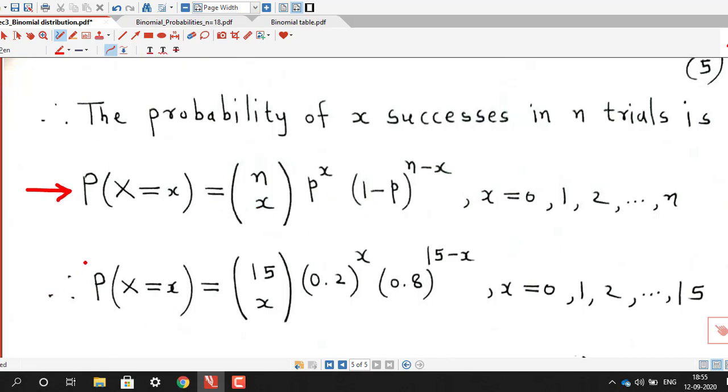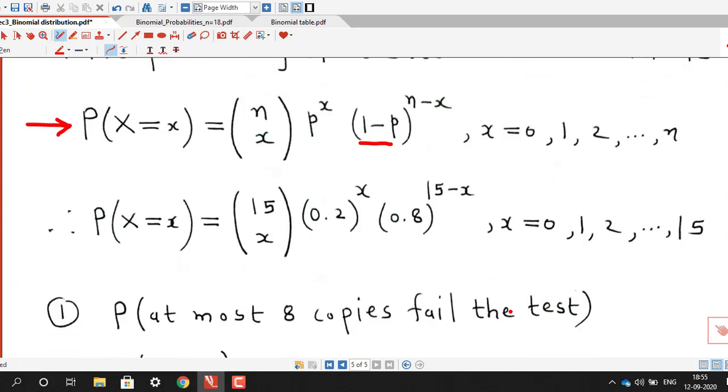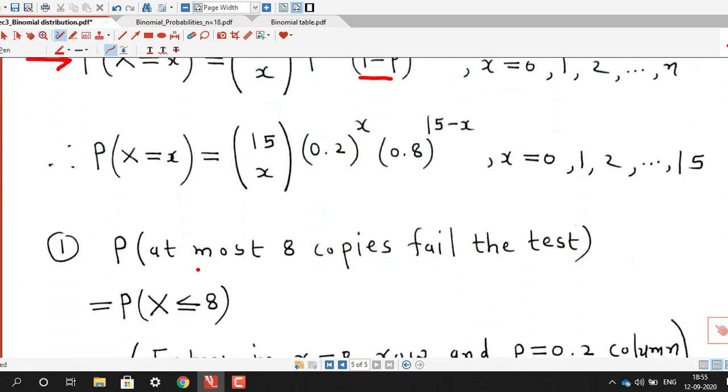So we obtain that the probability that capital X equal to small x is 15cx 0.2 raised to x into 1 minus 0.2, that is 0.8, raised to 15 minus x. X is from 0, 1 to 15. Now the first probability we have to find out is the probability that at most 8 copies fail the test. At most 8 means x is less than or equal to 8.